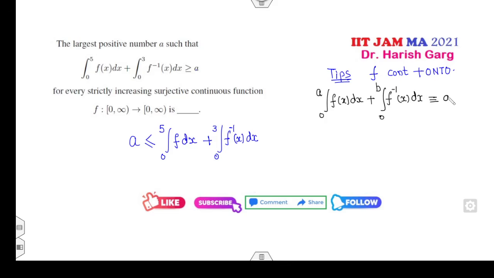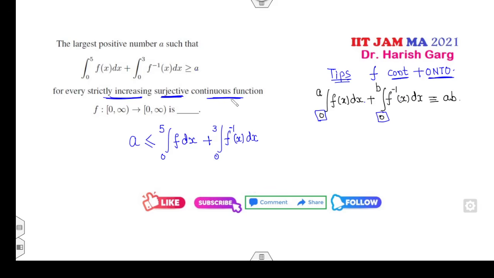That must be a times b. Make sure the lower limit is 0 in both cases, and f is continuous and onto, then this value must be ab. Fine. So you can see the function is strictly increasing and continuous.